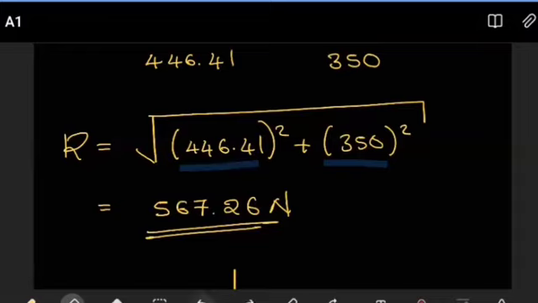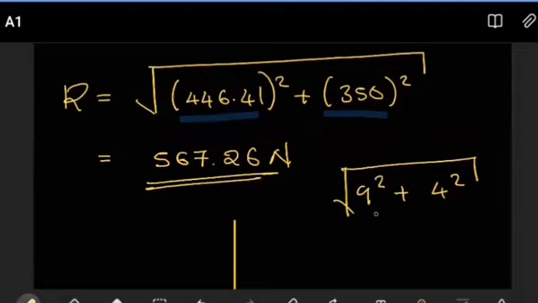Because if I have 9 squared plus 4 squared, and then I square root, it can't be anything less than 9 or less than 4. Have you got that?